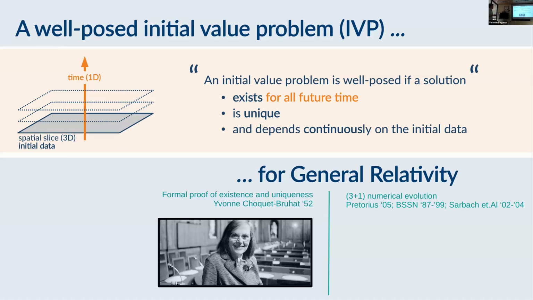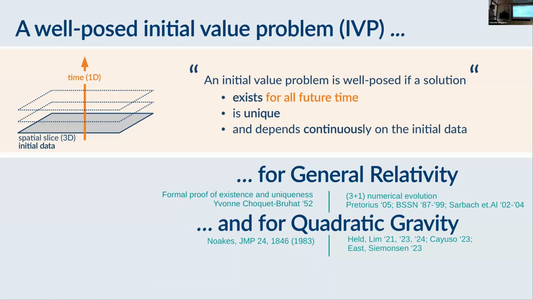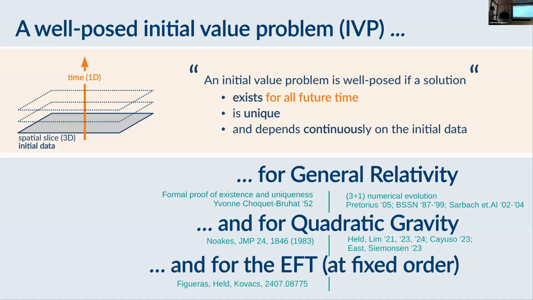I think she's very old. Of course, it then took the development of a lot of numerical techniques and of supercomputers to be able to perform these simulations, but the mathematical well-posedness is very old, and therefore Noakes was also able to generalize that in the 80s to the quadratic gravity theory, which we are only starting to simulate now.